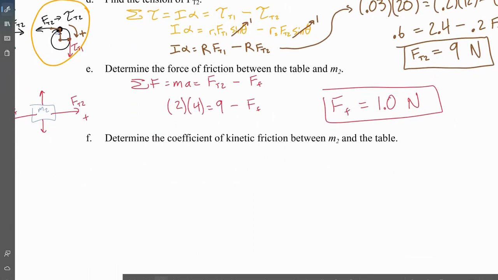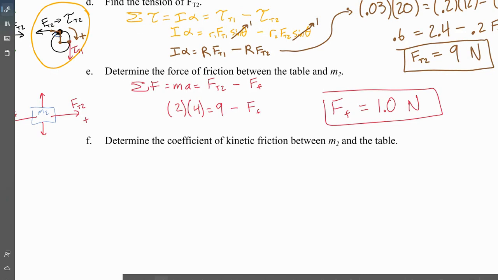Finally, part F, coefficient of friction. I hope you're good at this by now. Force of friction equals mu Fn. I'll call your attention to the left side again, because normal force has to be equal to gravity, that's how we know that Fn is equal to mg.